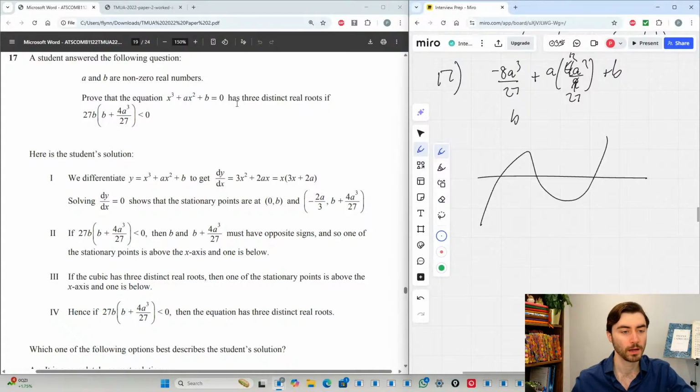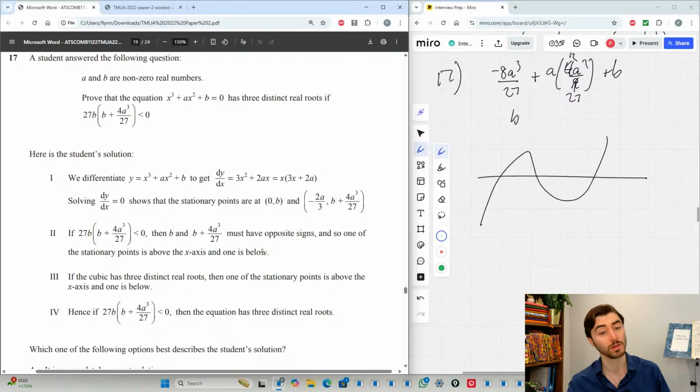Hold on. If that is less than 0, then they have opposite signs. So one of the stationary points is above, one is below. I suppose that's true. So I suppose it doesn't really matter the order.